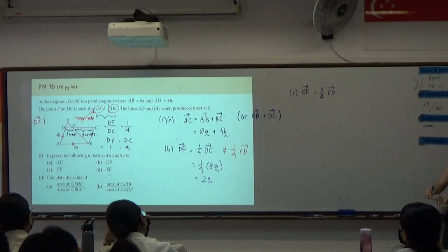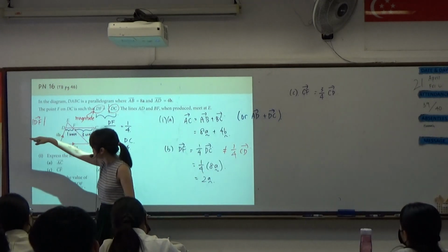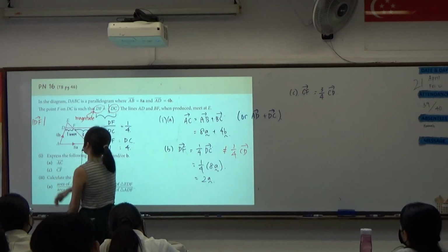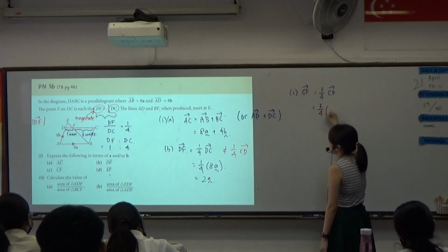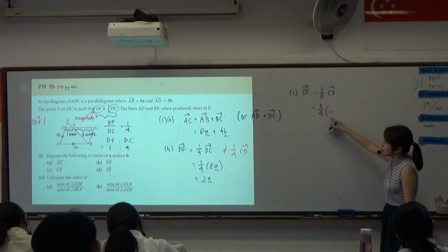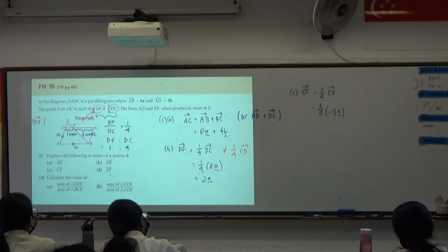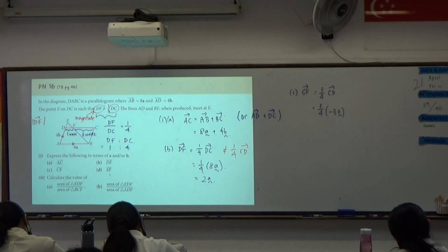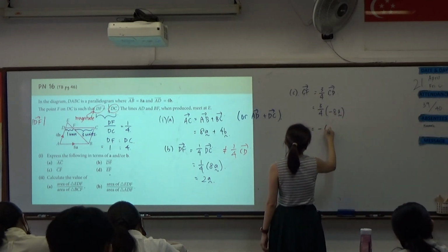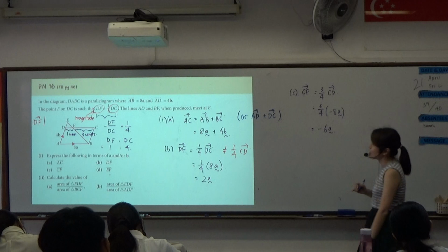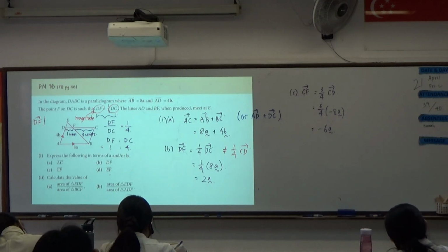We must ensure same direction. CF is going in this direction, CD is also in that direction. And CD is the opposite of AB, so it's negative 8A. And 3/4 times negative 8 will give us negative 6. So part (c) will have the vector negative 6A.